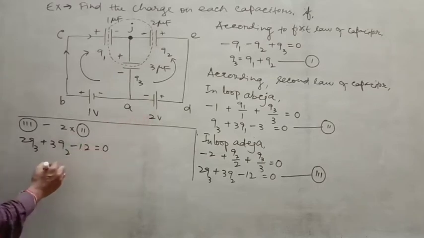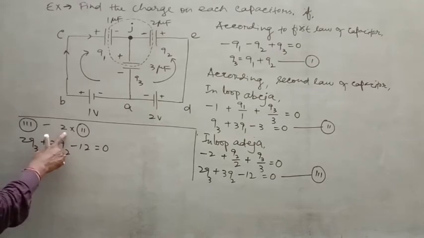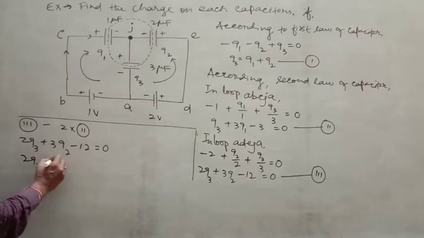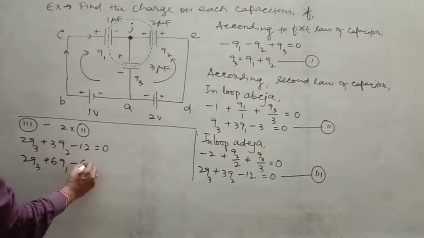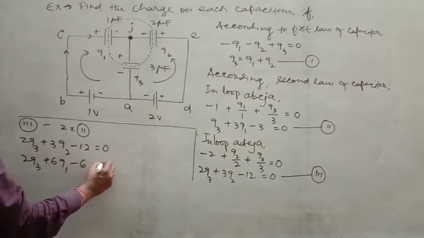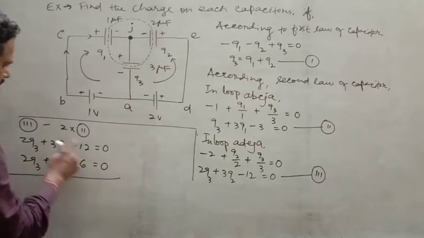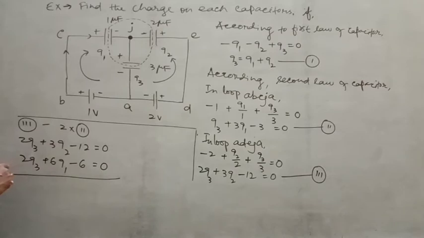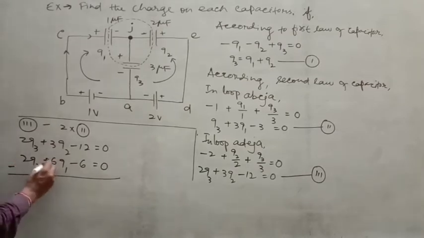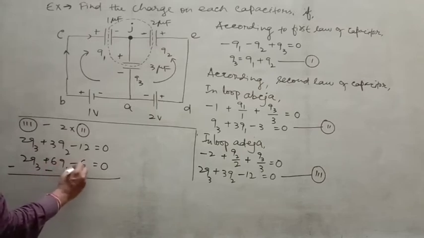Equation 2, after doing multiplication by 2, would be 2Q3 plus 6Q1 minus 6 is equal to 0, and then you have to subtract. So just change the sign. Why? Because this one is positive, so that will be negative; positive there will be negative, negative there will be positive.